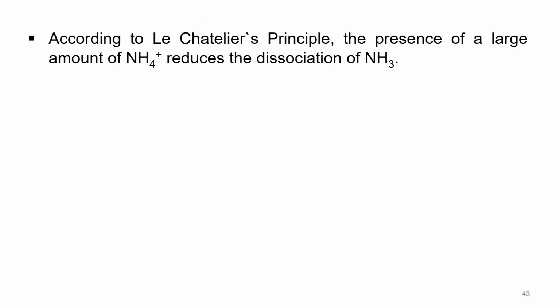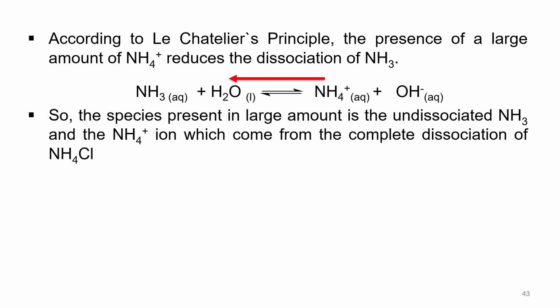According to Le Chatelier's principle, the presence of a large amount of NH4+ reduces the dissociation of NH3. The NH3 and H2O will produce NH4+ and OH-. So the species present in large amount are the undissociated ammonia and the NH4+ ion, which comes from the complete dissociation of NH4Cl.